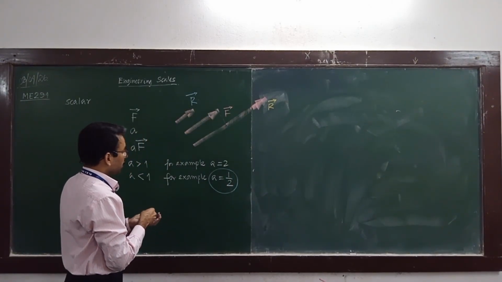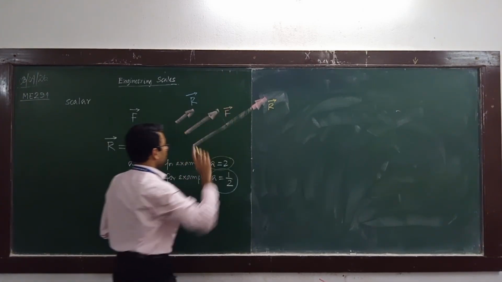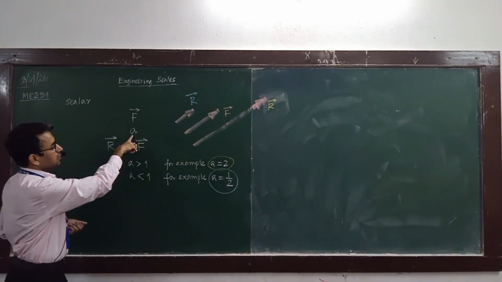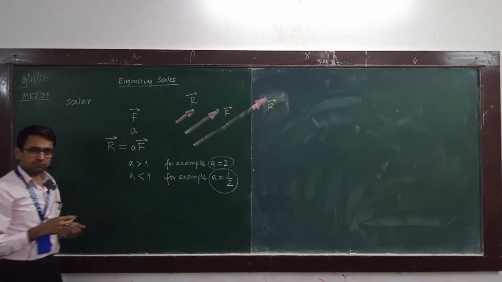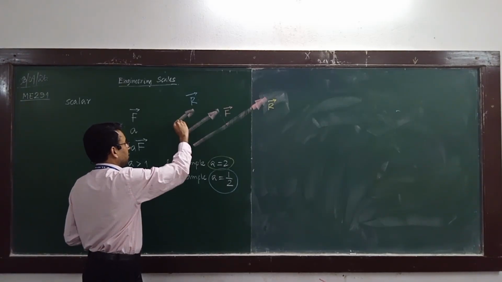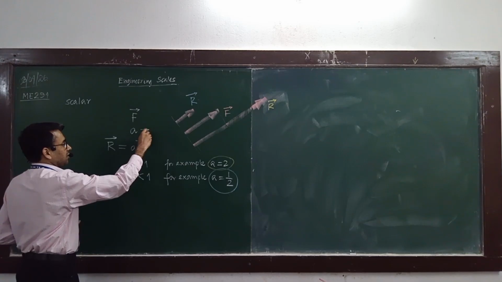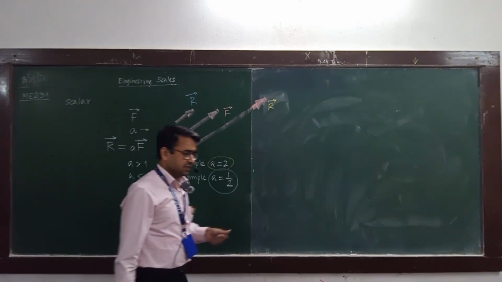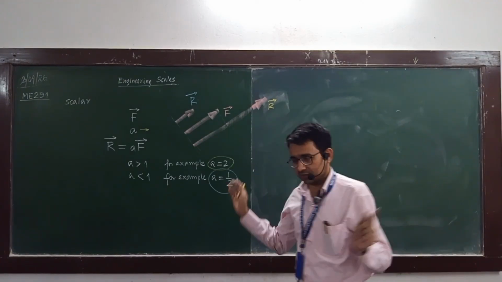If a is 2, then R is this. And if a is 1, then R is equal to F. Clear? So that is the scalar. The action is that it either reduces or enlarges.